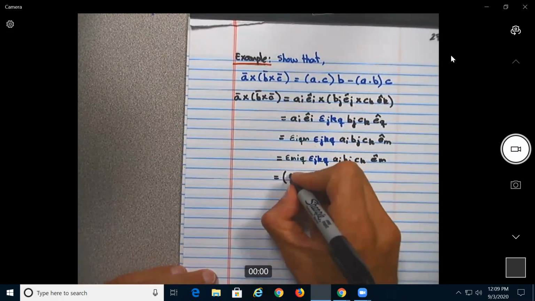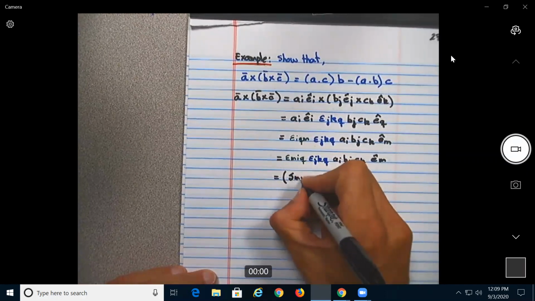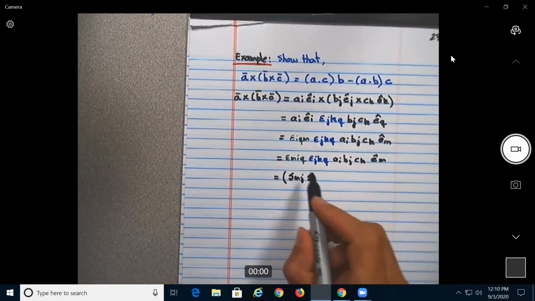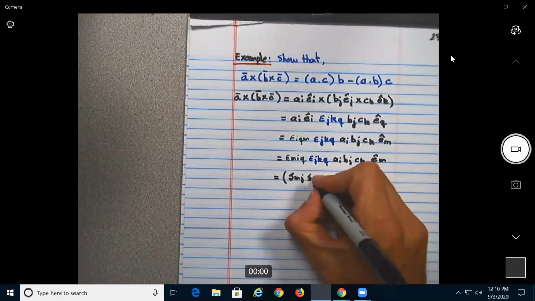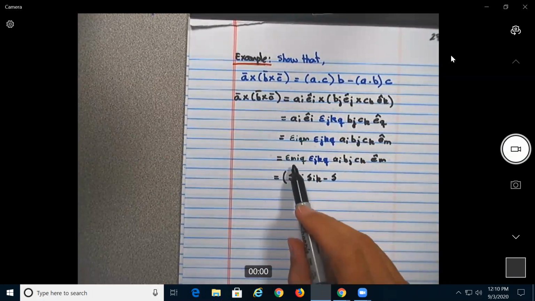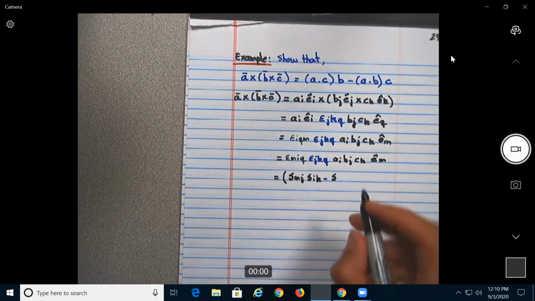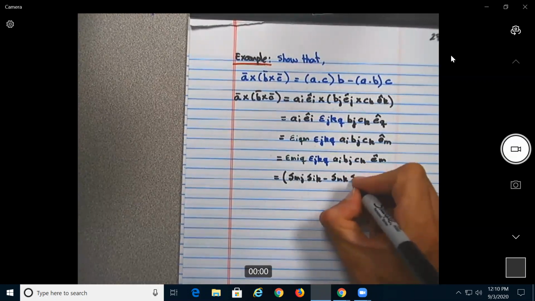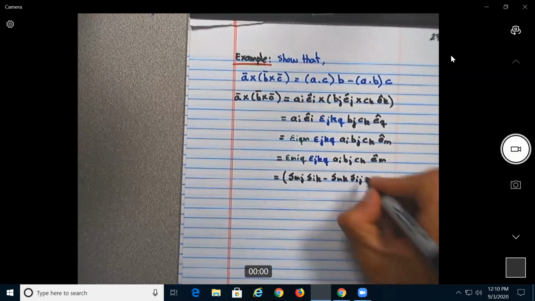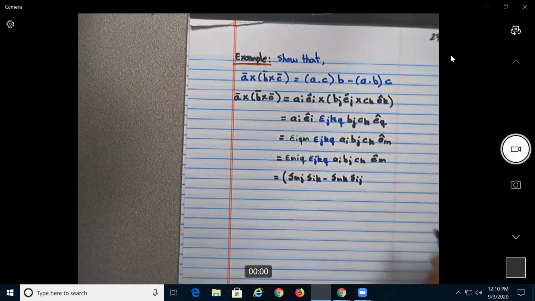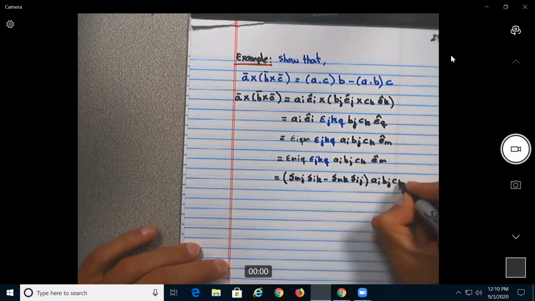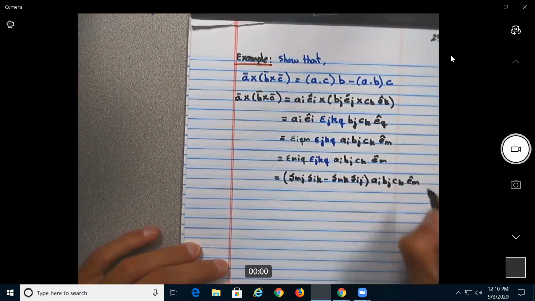We're going to have delta_mj delta_ik minus delta_mk times delta_ij. And this remains unchanged: A_i, B_j, C_k, e_m.